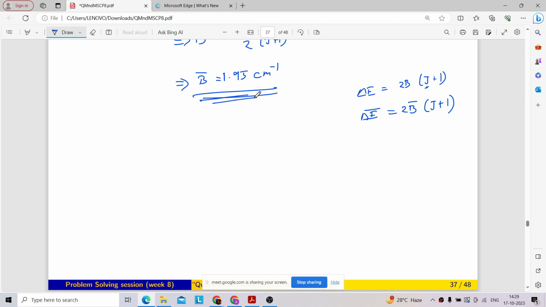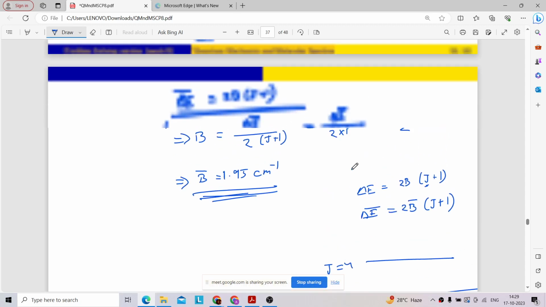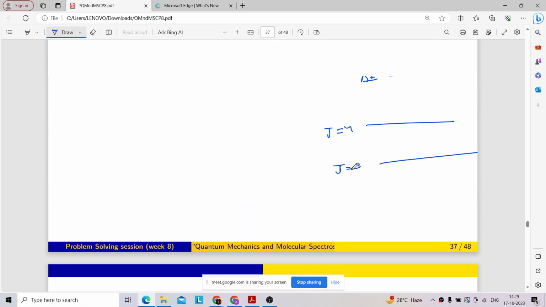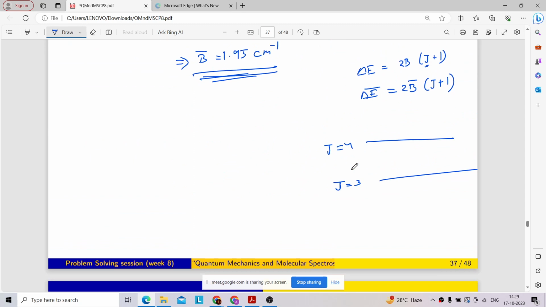The B bar value we already got. Now the transition is between J equal to 3 and J equal to 4, so the J value will be 3 for our equation.